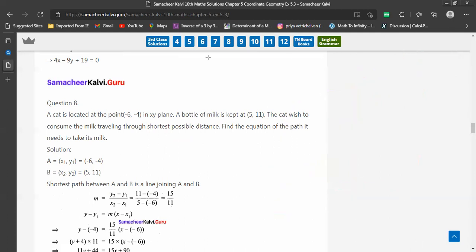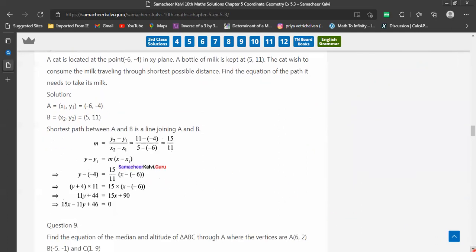So they are assuming (-6, -4) as x1, y1 and (5, 11) as x2, y2. So m is equal to y2 minus y1 upon x2 minus x1, which will be 11 minus of -4, 5 minus of -6. So that will give you 15 upon 11.